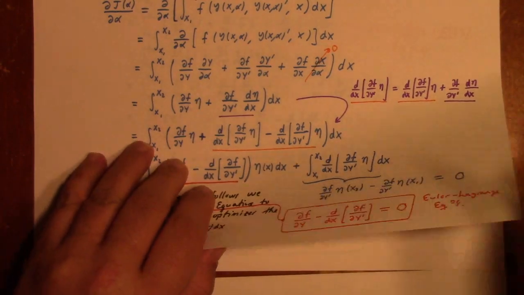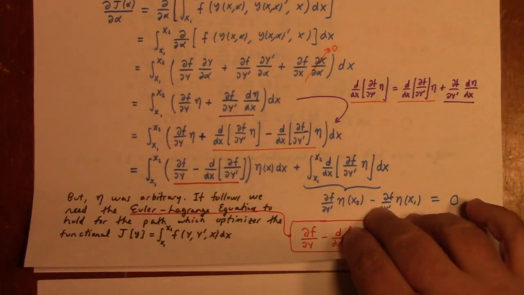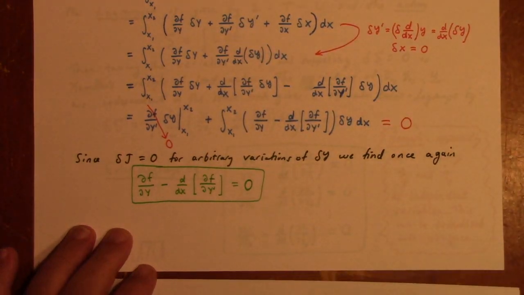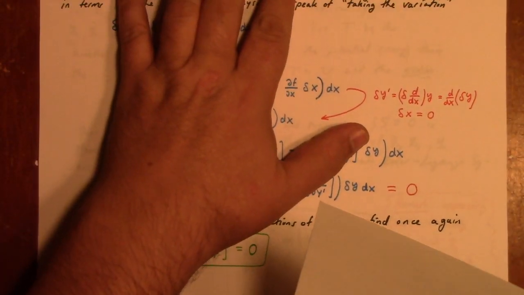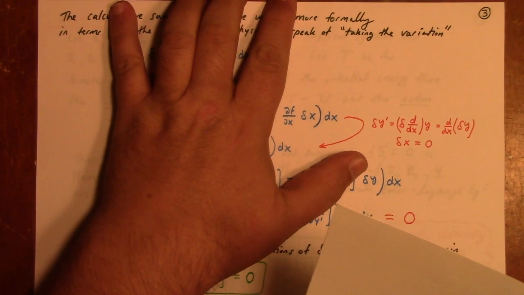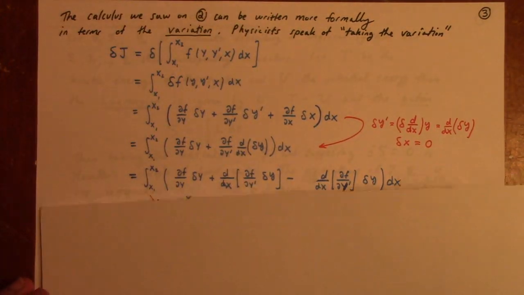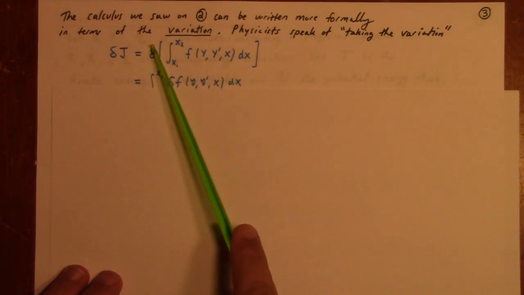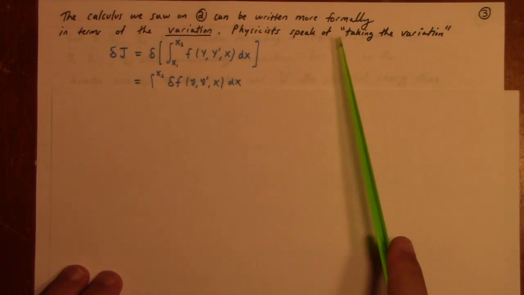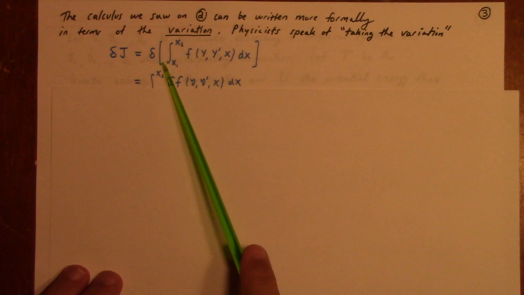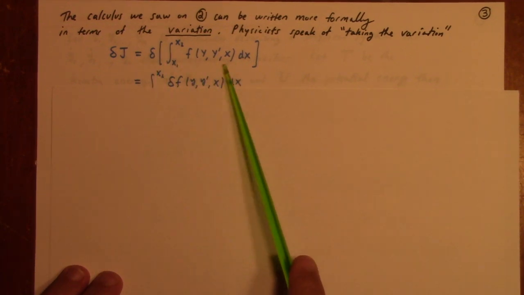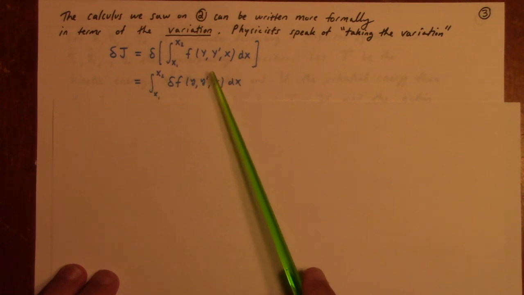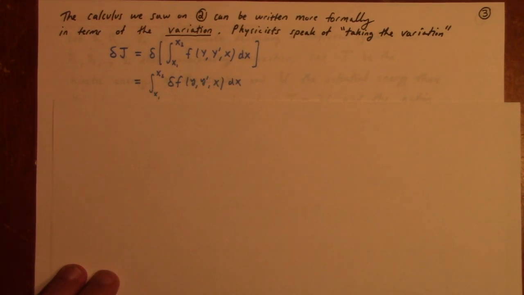Now, this is not how physicists typically write these things. Let me show you how physicists typically write them. Physicists tend to write things in terms of the variation of the action, and so they talk about it in terms of taking the variation. So delta J is the variation of this, but the variation of the integral is the integral of the variation.